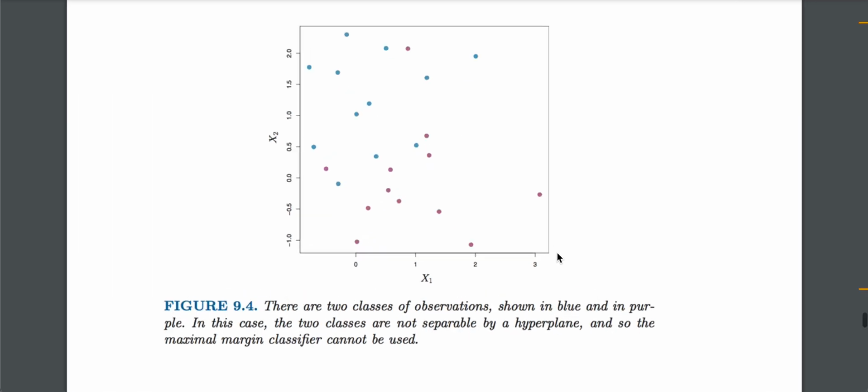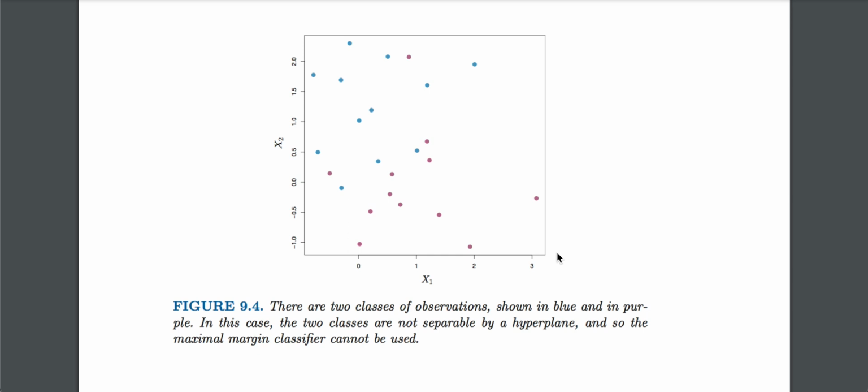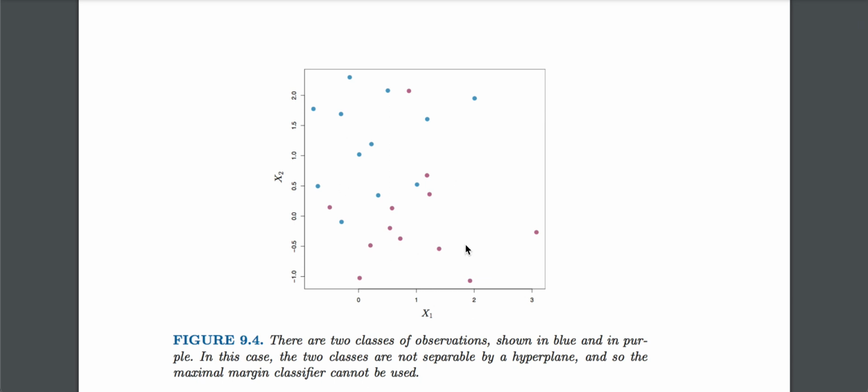Now imagine this is a data set we are dealing with. First of all, the reason I'm showing this is just to emphasize the fact that most of the time the data is not linearly separable.